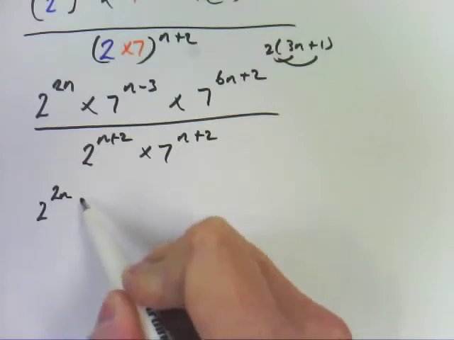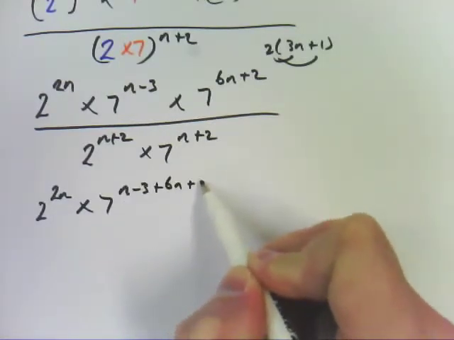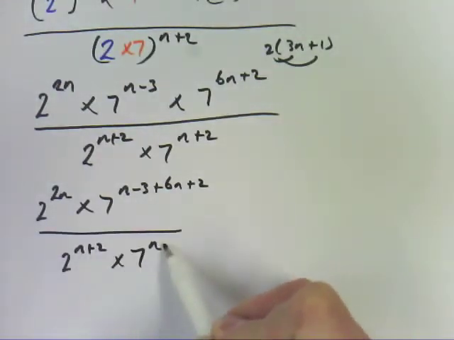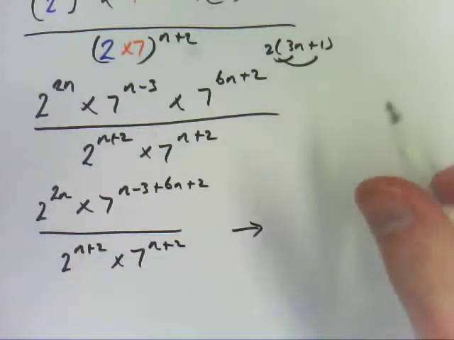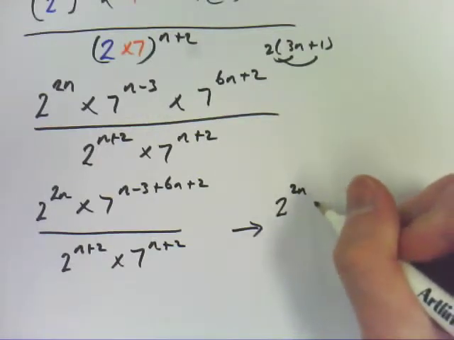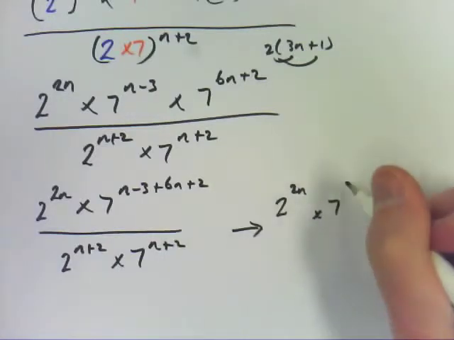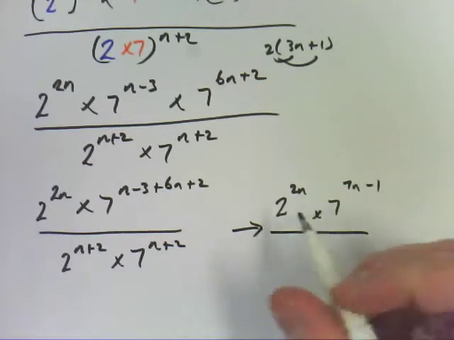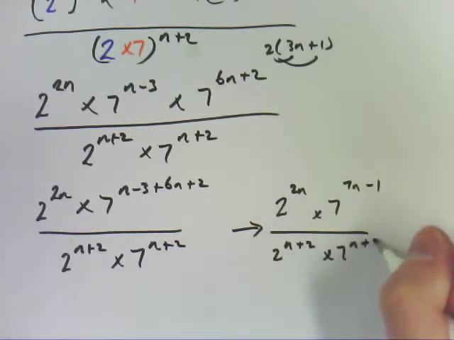So we'll leave 2 to the 2n times 7 to the n minus 3 plus 6n plus 2, divided by 2 to the n plus 2 times 7 to the n plus 2. I'm going to run out of space if I keep doing it this big. So 2 to the 2n times 7 to the 6n plus n minus 3 plus 2 leaves it as minus 1, over 2 to the n plus 2 times 7 to the n plus 2.